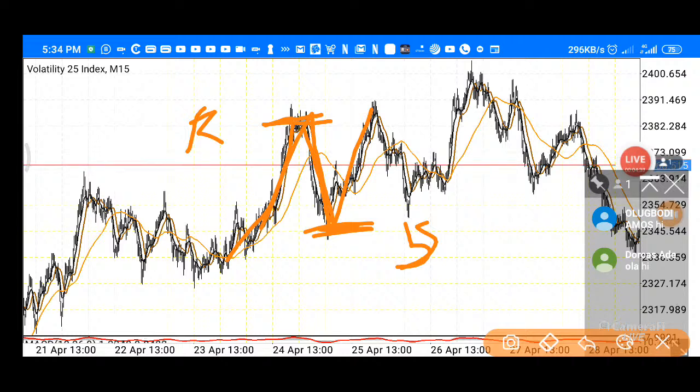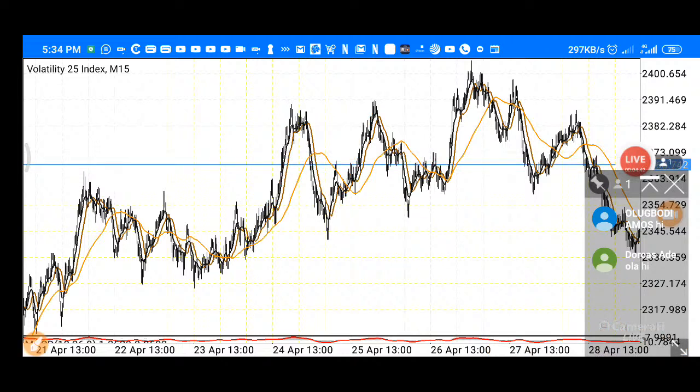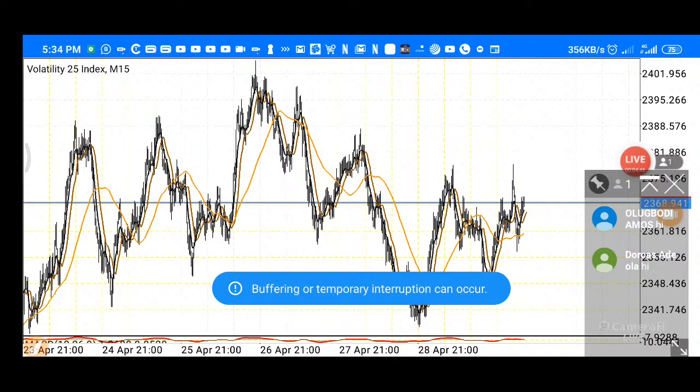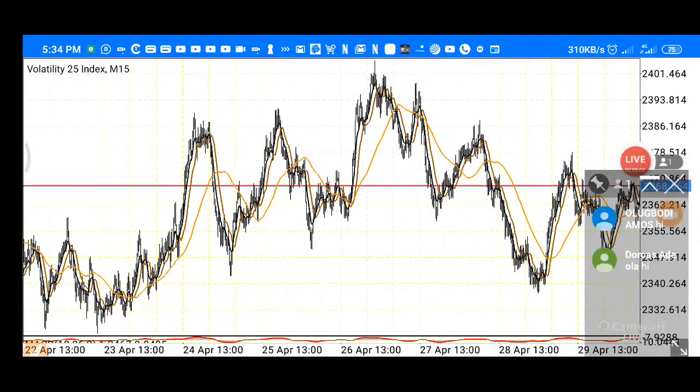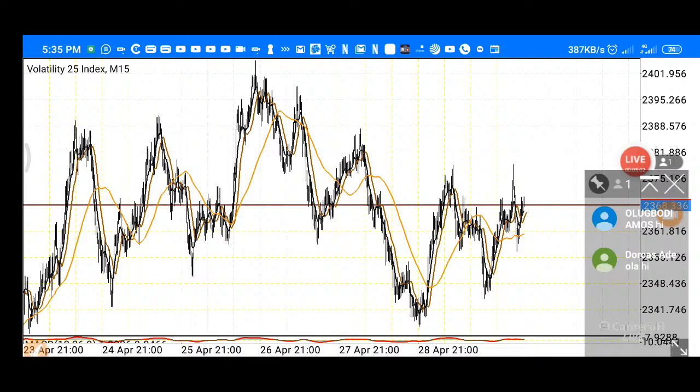So now, how do we use these support and resistances? You can use support and resistance to scalp. You can also use it to trade on long-term trades. What do I mean by scalp? Whereby you enter and you exit almost immediately, you're in profit.